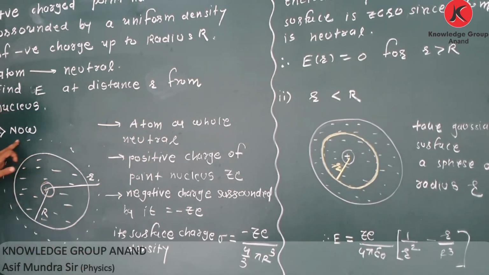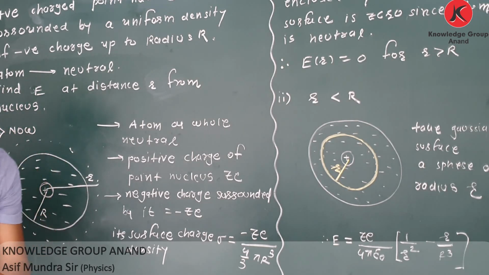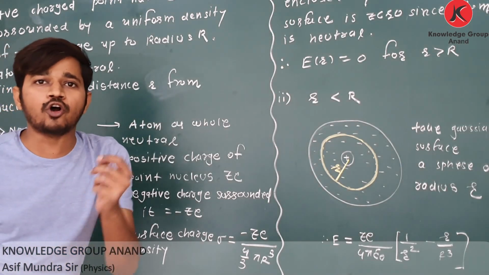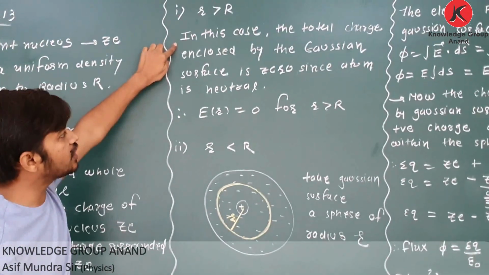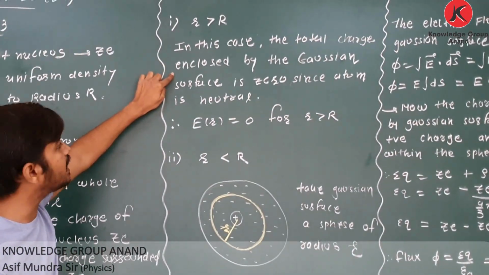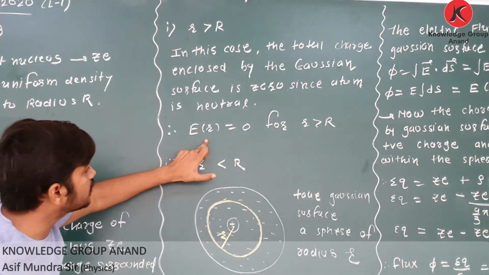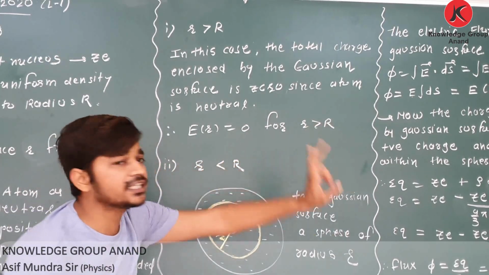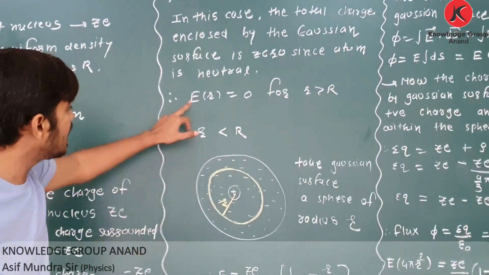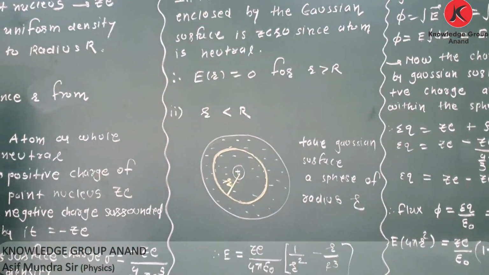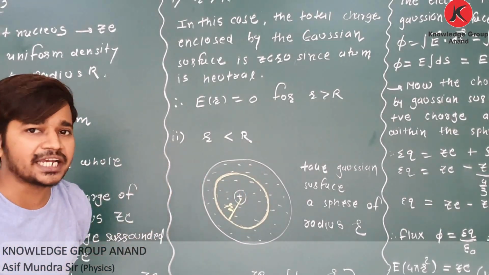So the total charge enclosed by this Gaussian surface is 0, so the electric field is also 0. Since the atom is neutral, the electric field is 0 for r greater than R, at any point outside.